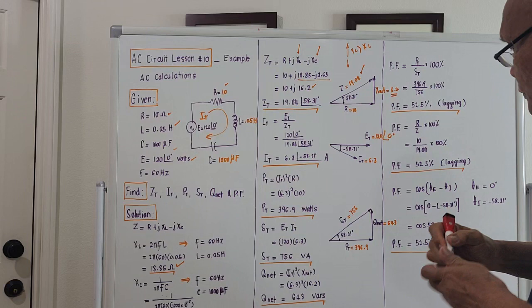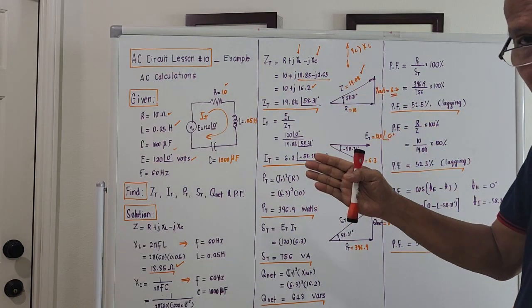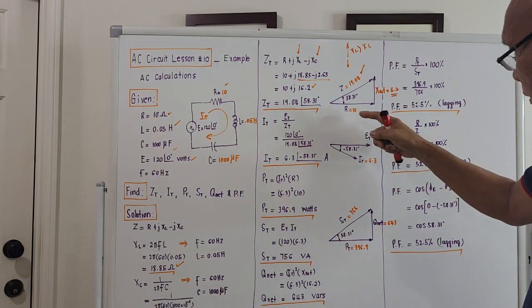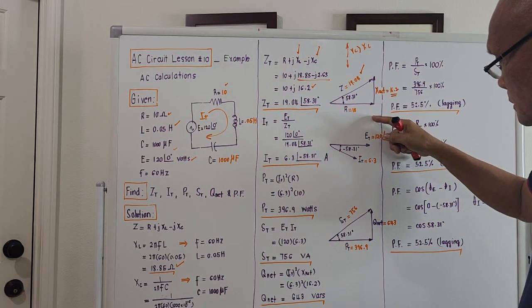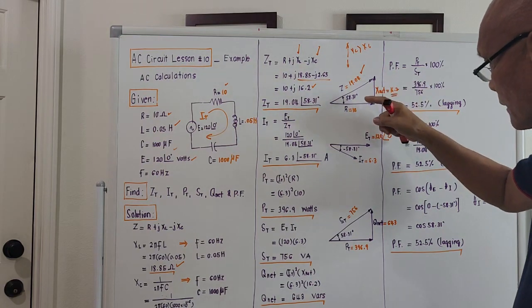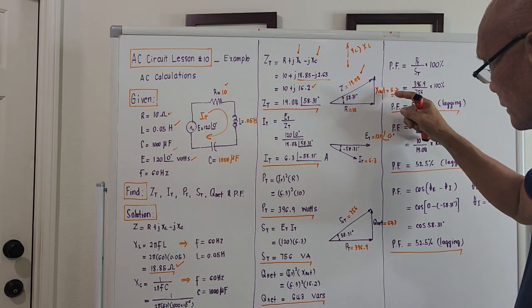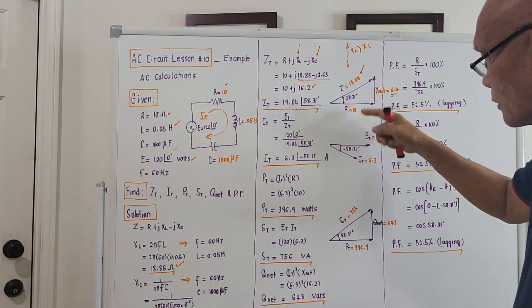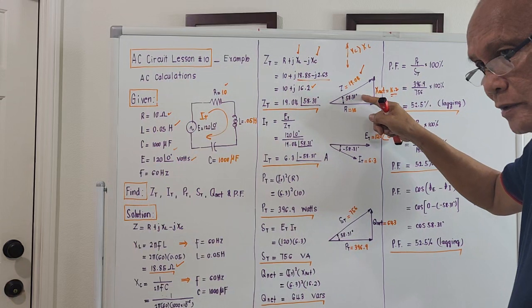In the computation for the impedance, you can bring out three solutions. You can use the Pythagorean theorem, or compute first the angle. This side over this side, press arctangent, and it will come out 58.31 degrees.